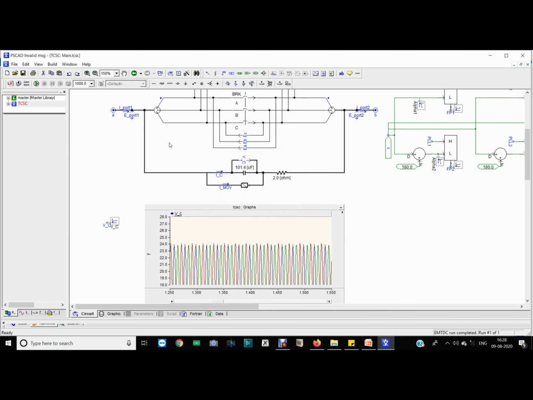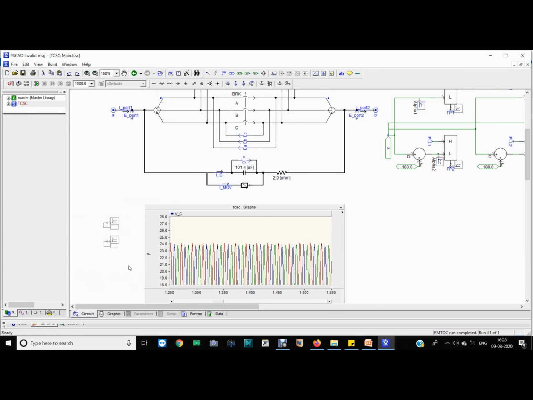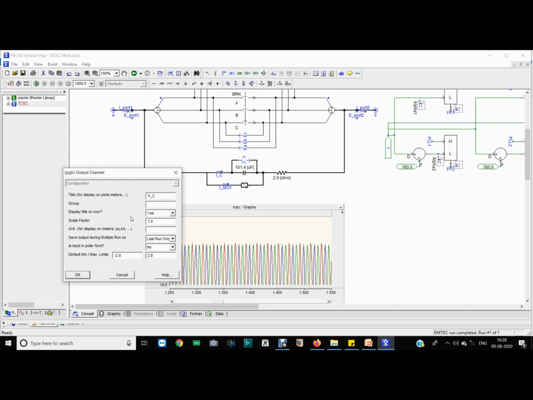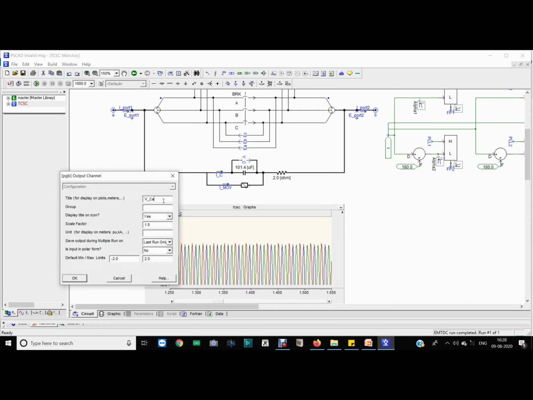Okay, now we have to see some of the plots. Take VC, IC, okay. Now as this is a 3-phase plot, we just need to see the first plot, that is your VCA, A phase.